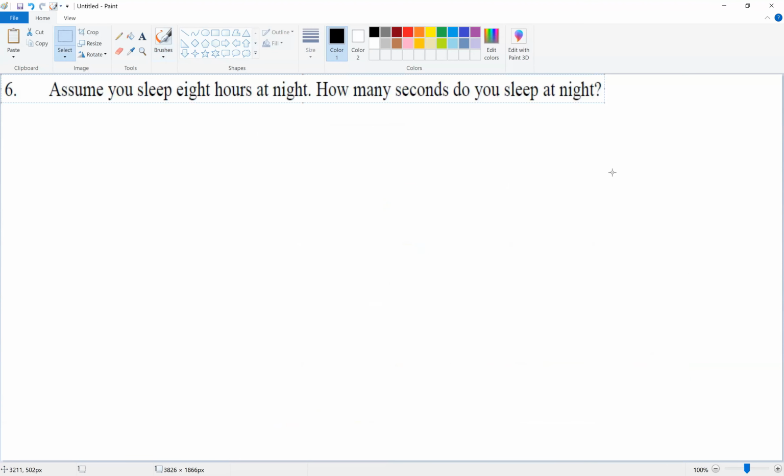Number 6, Medha. Assume you sleep 8 hours a night. How many seconds do you sleep at night?